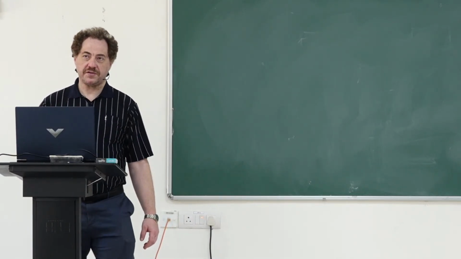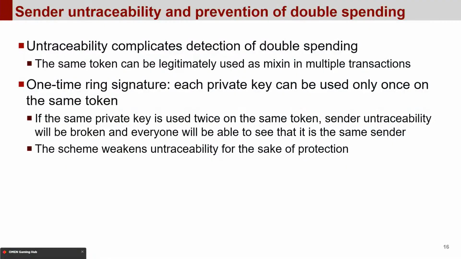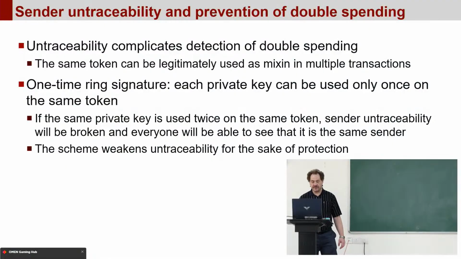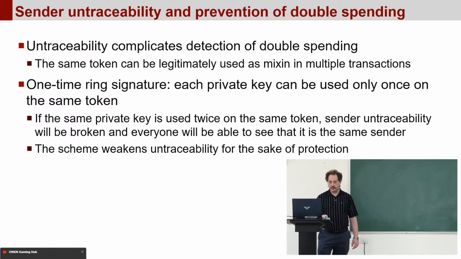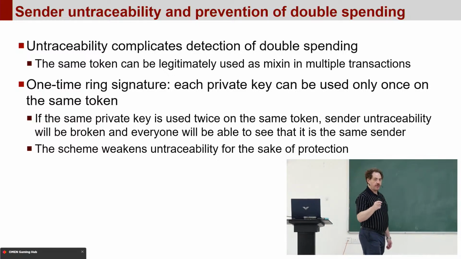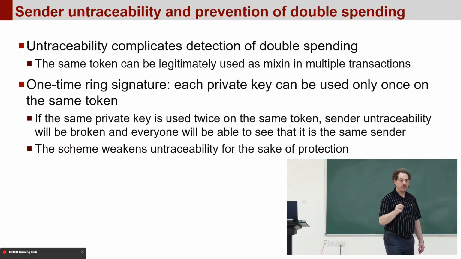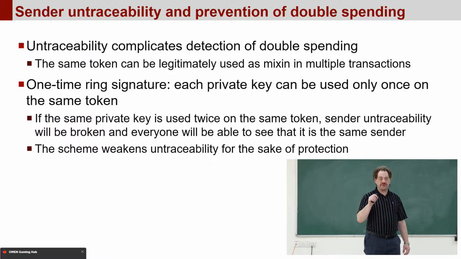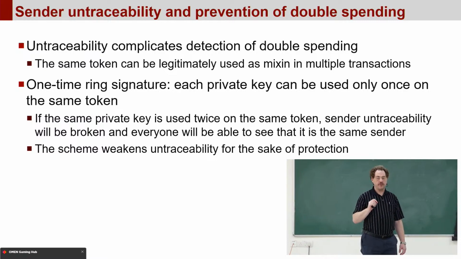So this is how untraceability is achieved, but as mentioned, sender untraceability complicates detection of double spending. Because now, the same token can be legitimately used as an input in multiple transactions. But only once will it be the real token.